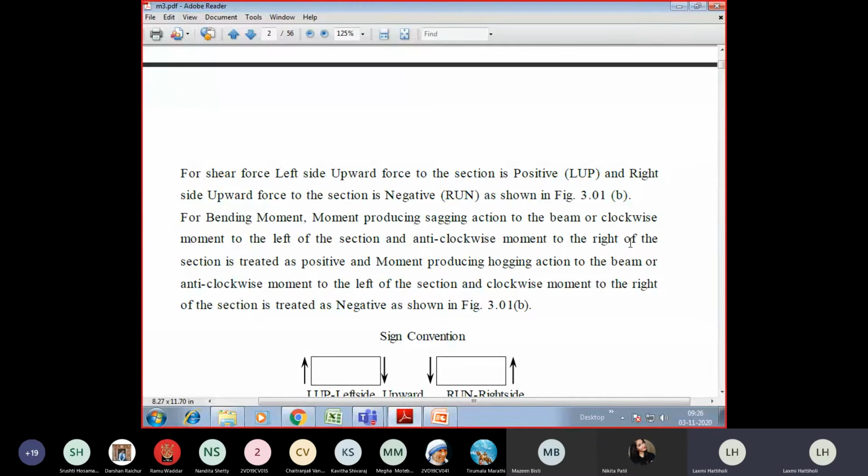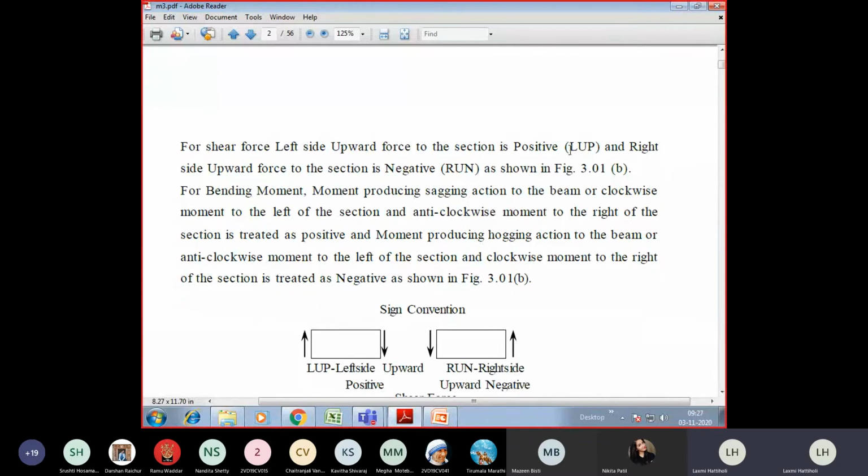The easy method to remember this sign convention is, you need to remember this LUP loop, and RUN run. Just remember these two words, loop and run. Is this visible to you? LUP loop, RUN run. Can you see this? Now again, I'm telling you, it's actually a shortcut. So what is this LUP loop and RUN run? Right.